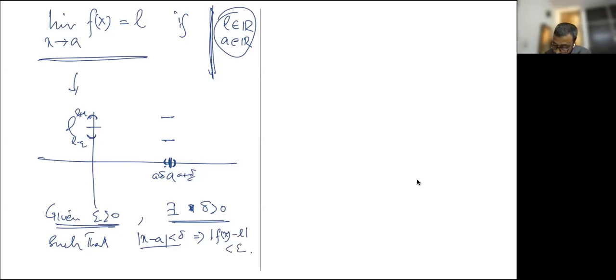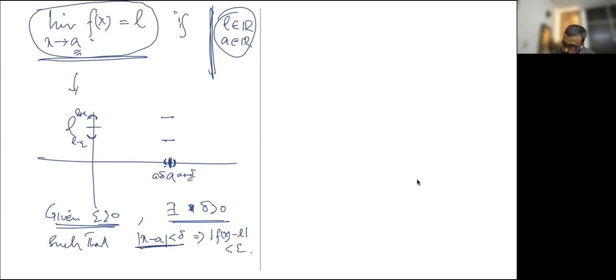Now, roughly this is it. Now the first point here is when you define this notion of a limit, you are interested in the behavior of the function near the point A. At A, whether it is defined, whether it behaves completely differently, you are not concerned. So when you are talking about a limit as x goes to A, it is the behavior of the function near A, but not at A, that you are concerned with.